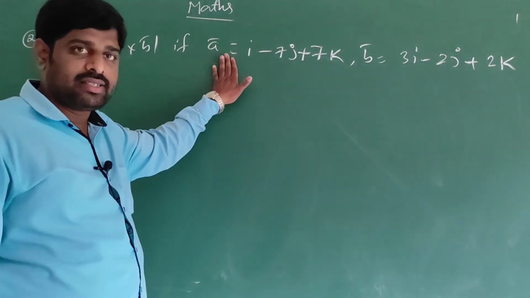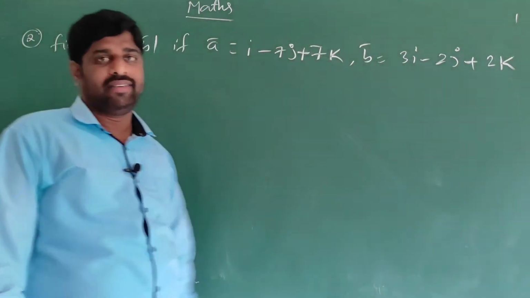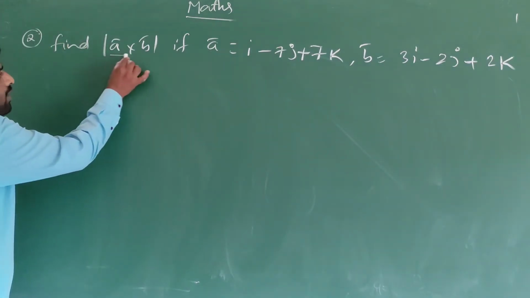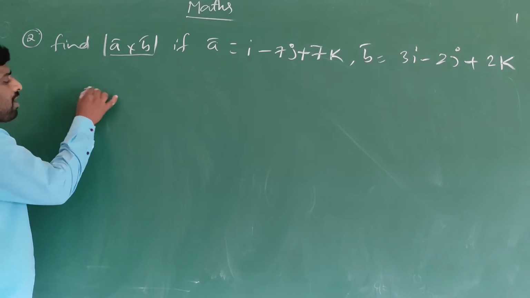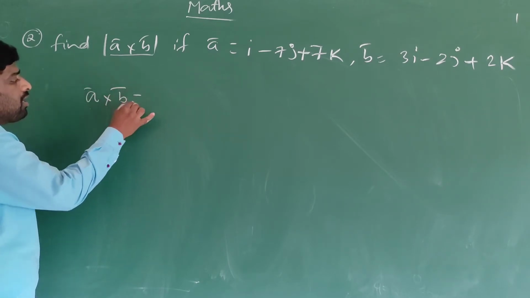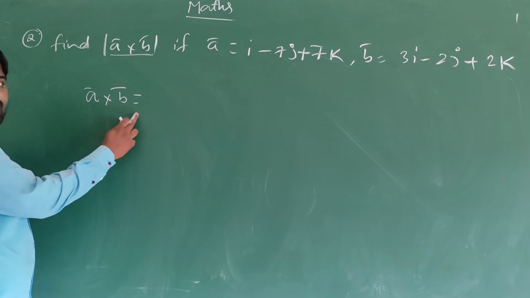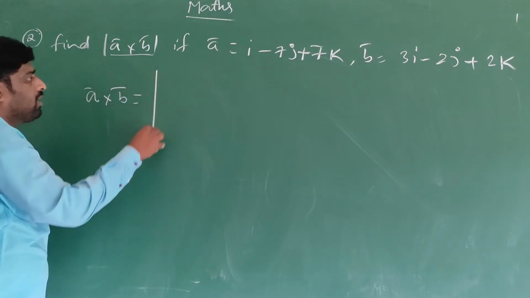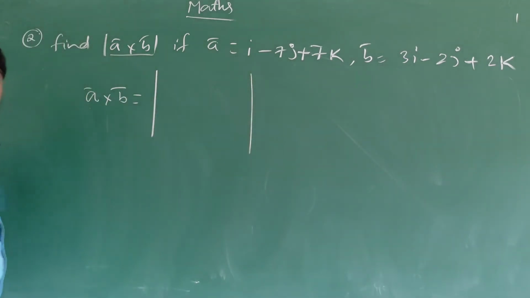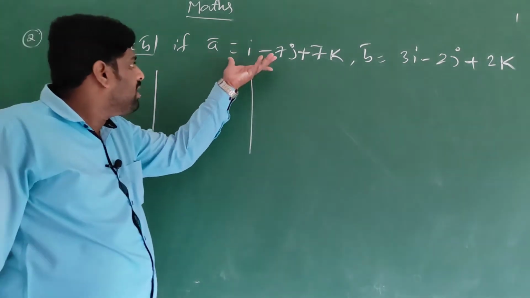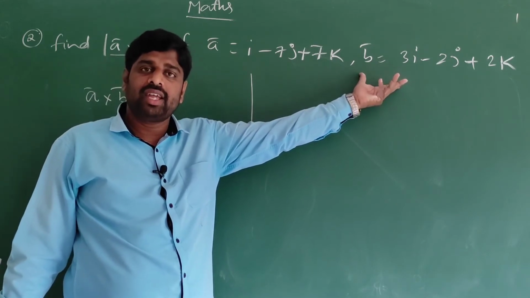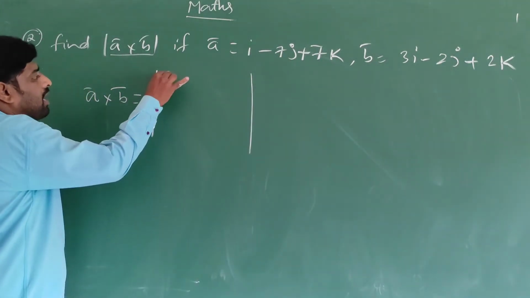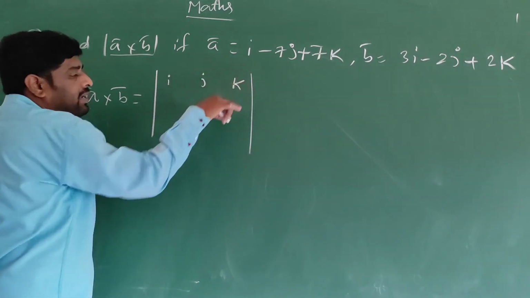A bar vector is given, B bar vector is given. First we have to find A bar cross B bar. That is A bar cross B bar equal to, when you take the cross product, you have to use the determinant. Already I told in the previous problem, in the first row i, j, k.